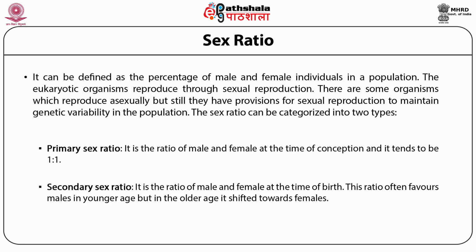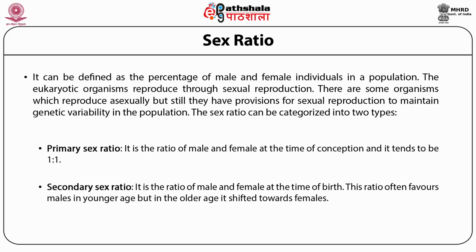This ratio often favors males at a younger age, but at an older age it shifts towards females. In the case of humans, the male ratio is more than that of females at birth, approximately 52%, but as the age of parents increases, the ratio of females increases relative to males.